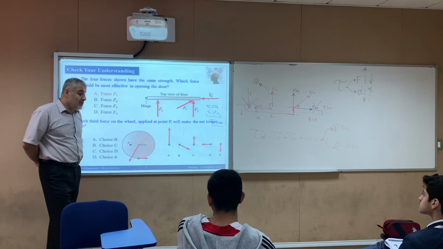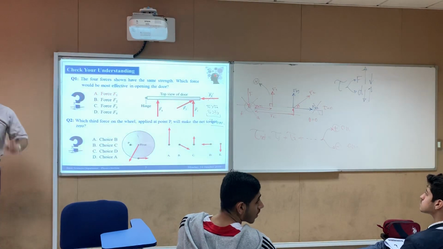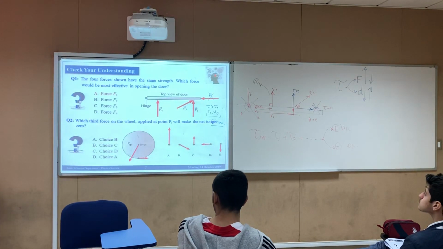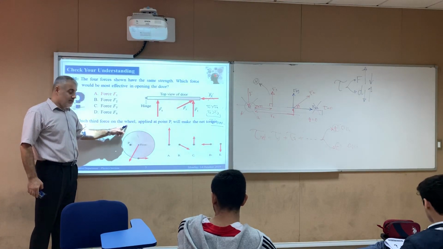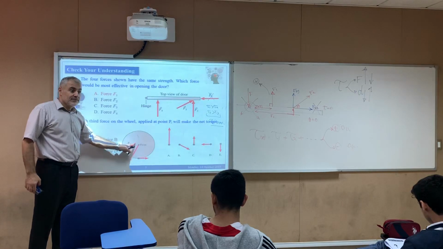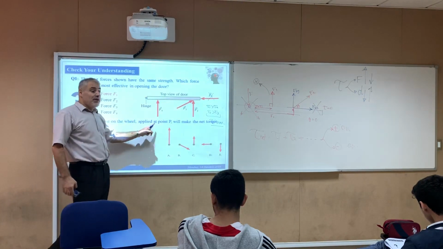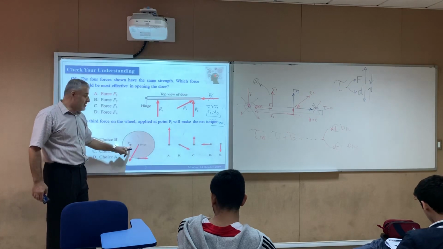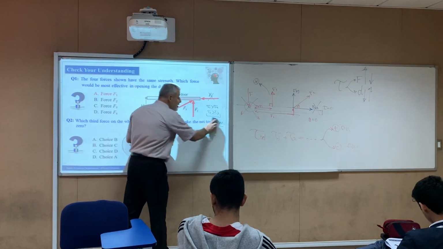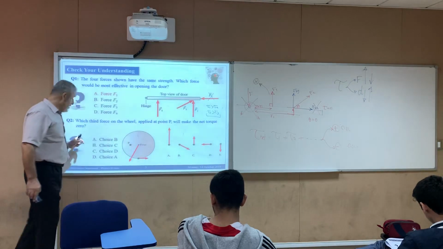But no, you are asked about the net torque. Let us read the question together. Which third force on the wheel, along with these two forces, applied at point P, whether up, right, left, whatever it is, will make the net torque zero?